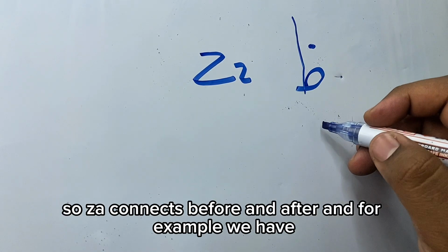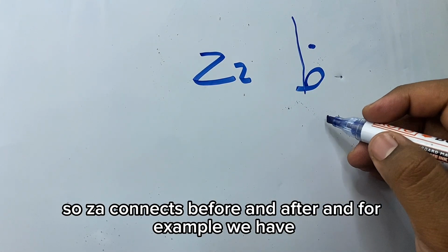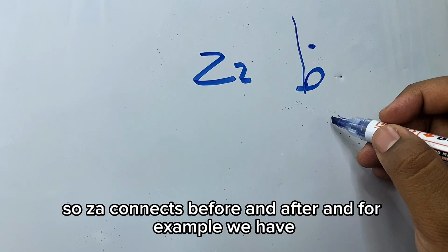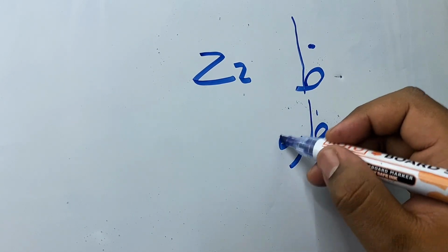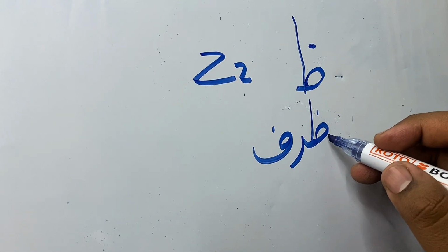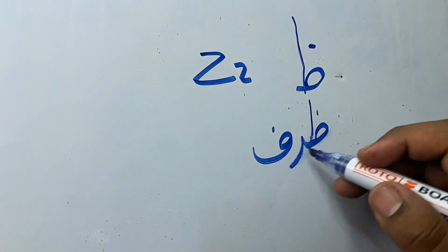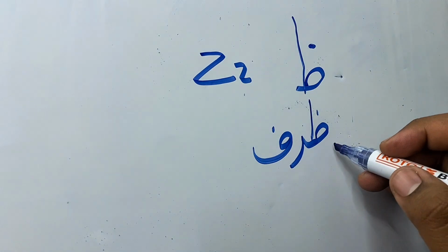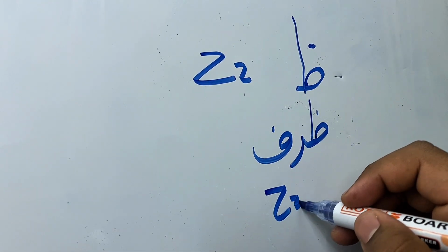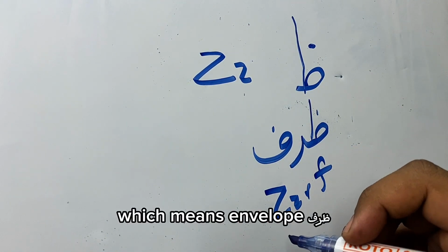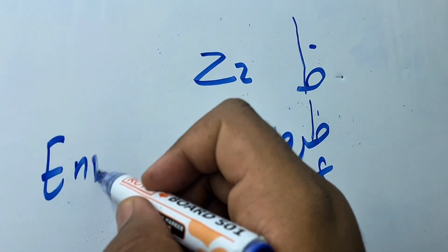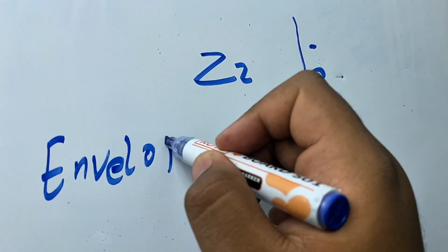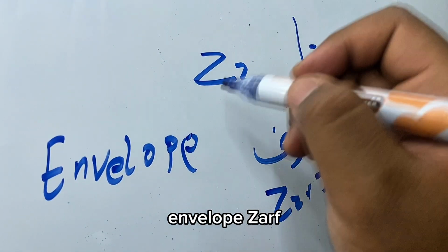So zo connects before and after, and for example we have ظرف, which means envelope, envelope, ظرف.